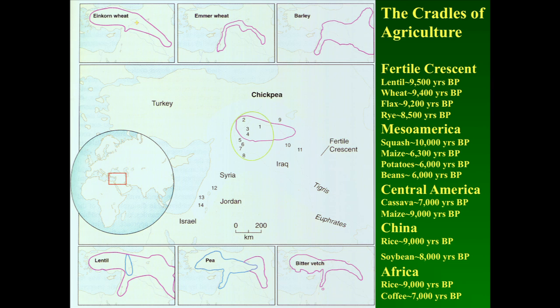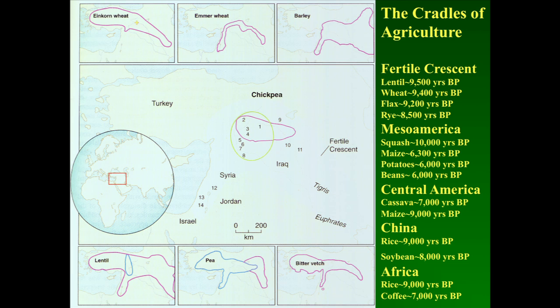And if you look at the cradles of agriculture, this occurred nearly simultaneously around the planet. And we could wonder why about that, and a lot of people have thought about that anthropologically. But certainly one of the most notable areas is that area that we refer to as the Fertile Crescent, where the Tigris and Euphrates rivers join in the Middle East, in Iraq, Syria, and where everything is now embroiled.